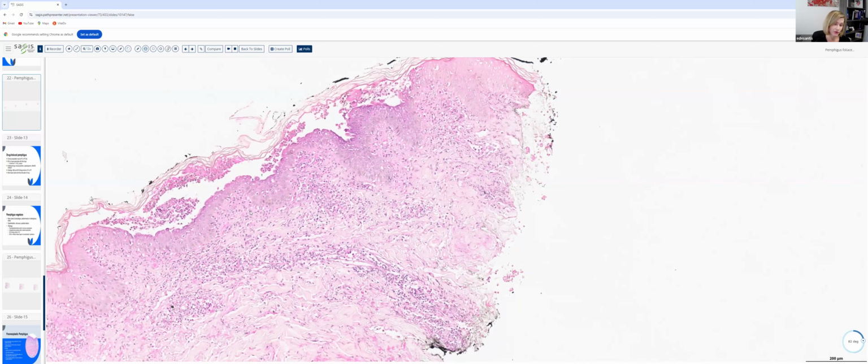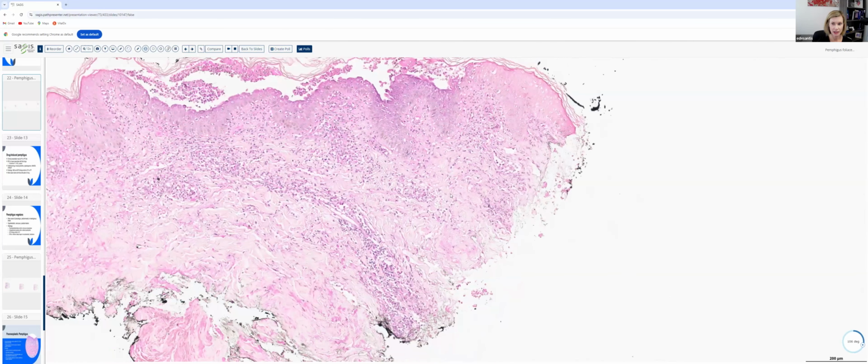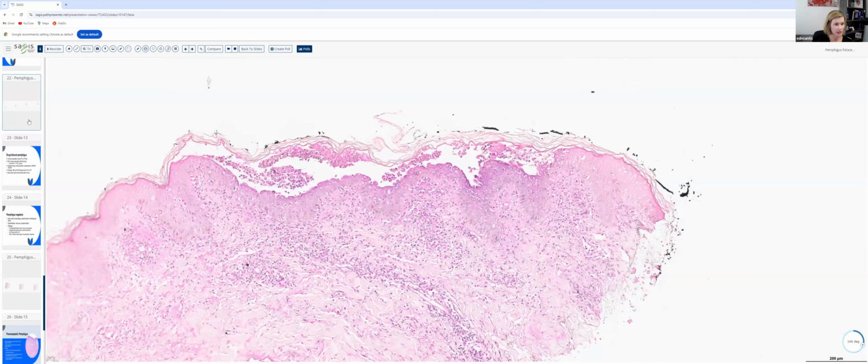So this actually appears quite similar to the case of subcorneal pustular dermatosis, except this case does show the acantholysis. So we could consider subcorneal pustular dermatosis in this case as well. And we would certainly want to perform our PAS and Gram stains. And depending on the clinical presentation, we would suggest direct immunofluorescence studies to confirm our diagnosis.